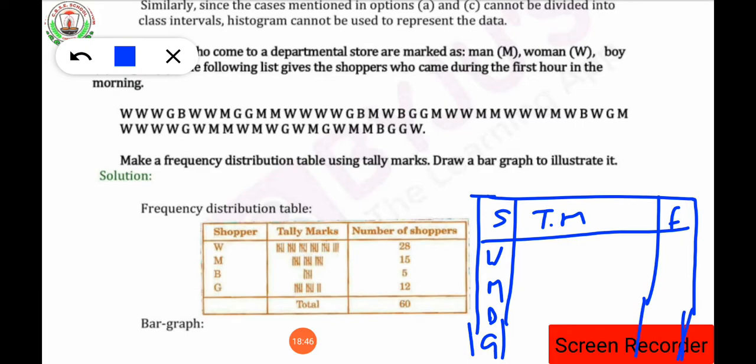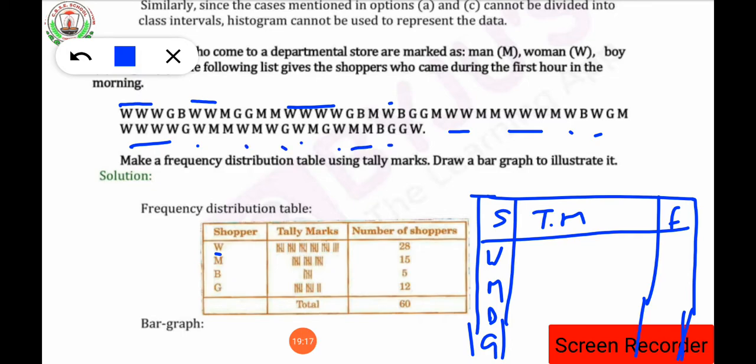Now let's see. How many women are there? For women, this one is 3 women. Then again 2. How many? 3 plus 2, 5. Then here again 9, 10, 11, 12, 13, 14, 15, 16, 17, 21, 22, 23, 24, 25.